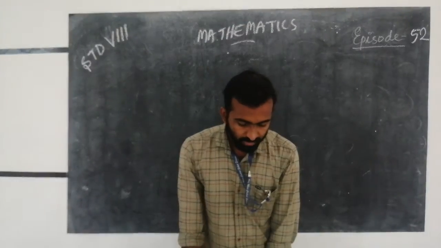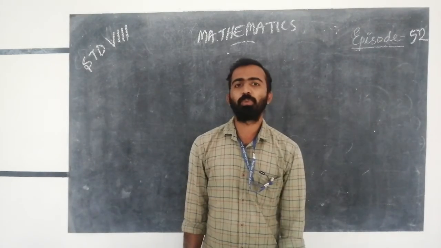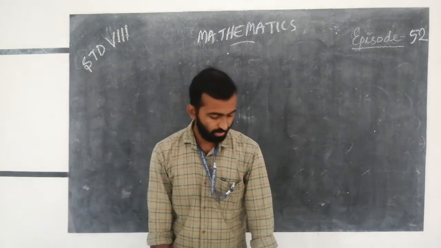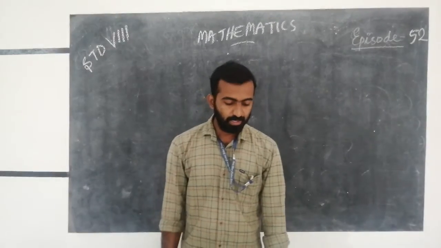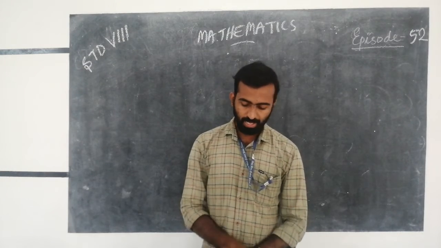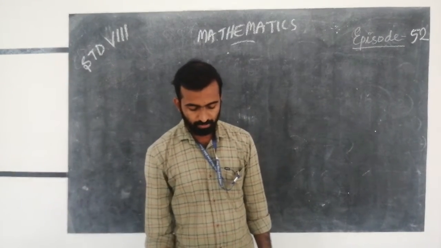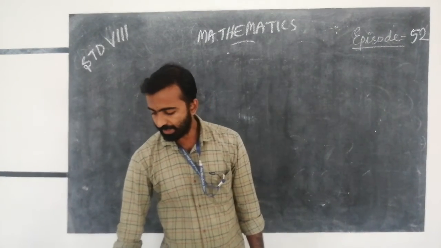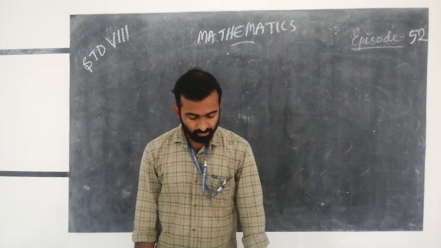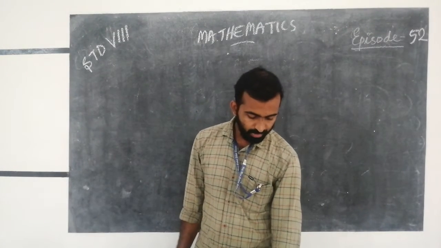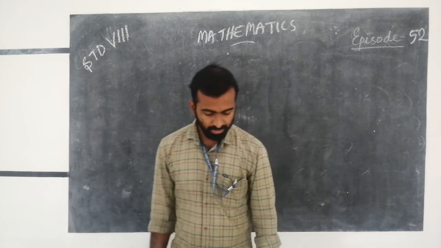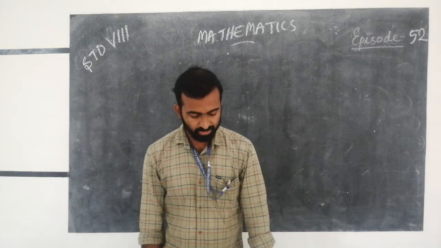Next, you just read your textbook page number 165, where the prism and pyramid are explained. Next, we want to make a table of the number of faces, edges and vertices of the following polyhedrons.